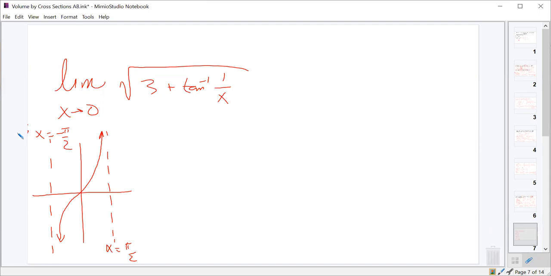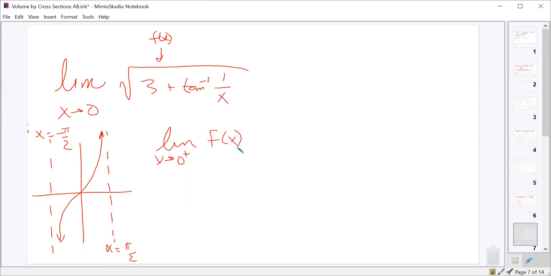The second thing that might throw you off is you might have said, okay, cool, the inverse tangent of infinity is pi over 2, so the answer is square root of 3 plus pi over 2. But the problem with that is, and this is a really tricky one, probably more difficult than what you'll see on any multiple choice on the AP test, if you look at the limit as x approaches 0 from the right, I'm just going to call this f of x so I don't have to keep writing it.